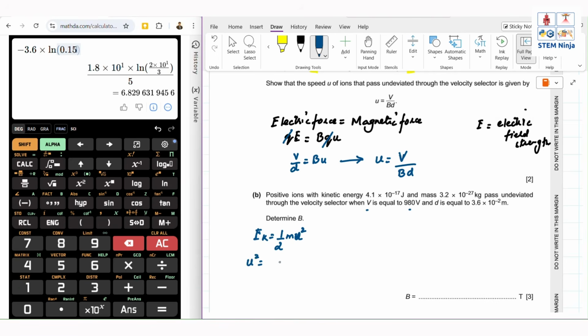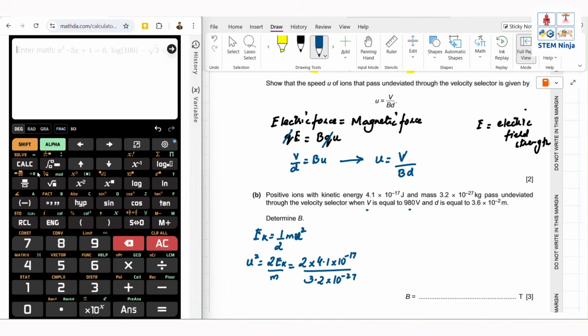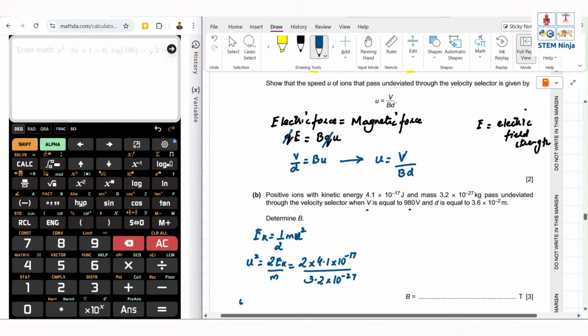So u squared would be 2 times kinetic energy over m. So 2 times 4.1 times 10 raised to power minus 17 over m, which is 3.2 times 10 raised to power minus 27. So u will be equal to the square root of this entire thing.